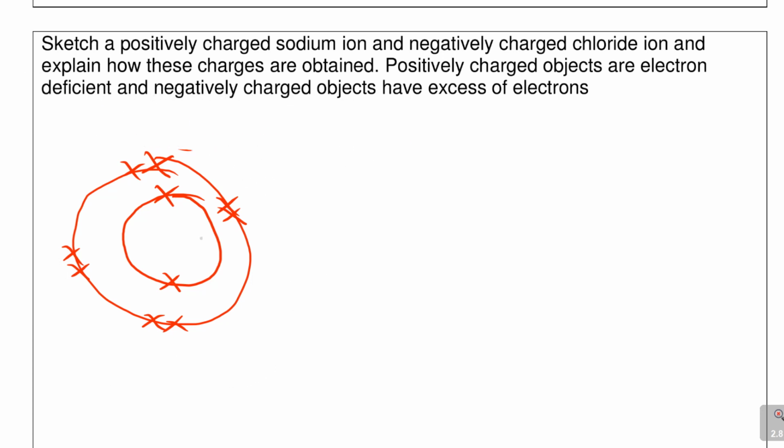We said in the center here we have protons in the nucleus. You have protons, and there are 11 protons. Remember they are positive. Now because we lost an electron, we no longer have 11 electrons, we have 10 electrons which are negative. So all of a sudden, if you look at the extra charge here, you have a +1 charge on protons.